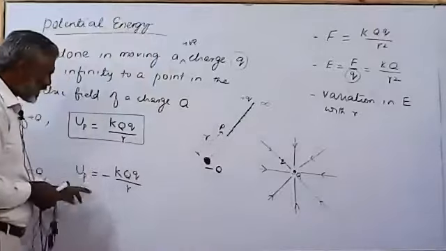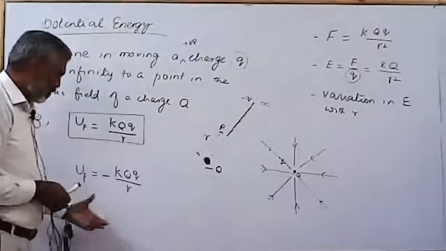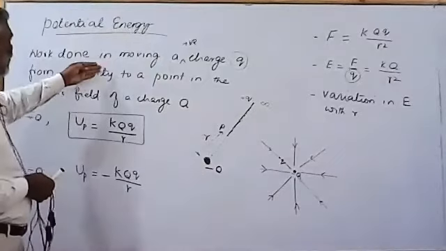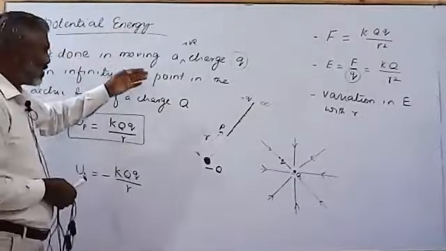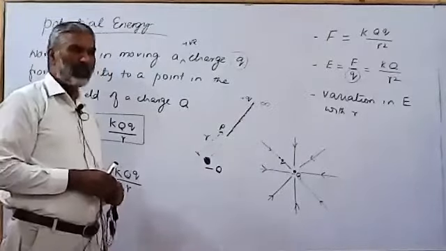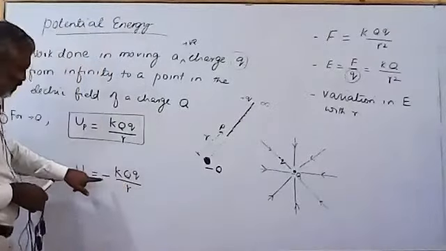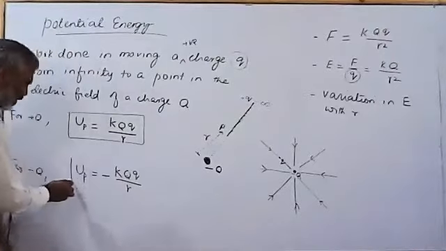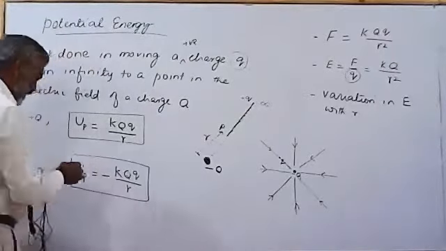So in the case of negative charge here, we are doing negative work on it. So according to this definition, the work is being done on it, but it's a negative work. So we have to put a minus sign here. This is an important difference in the case of charges.